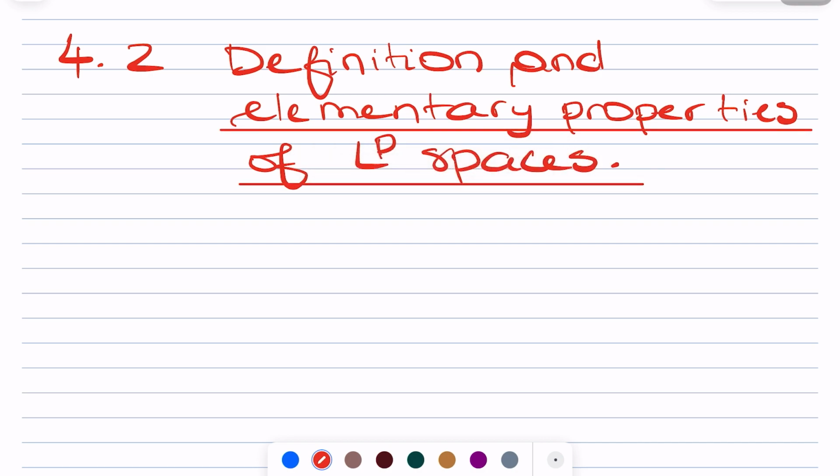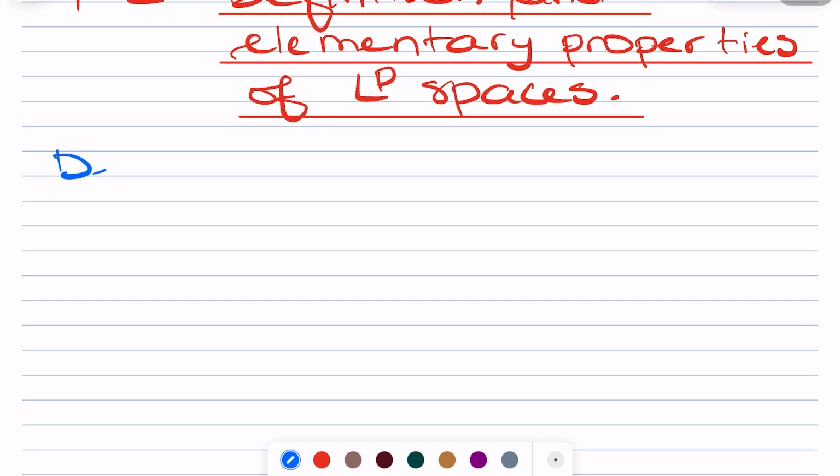We start with a definition. Let's define what LP spaces are.